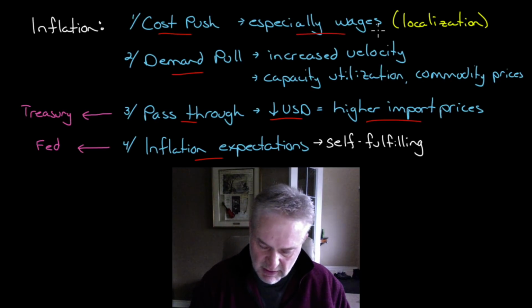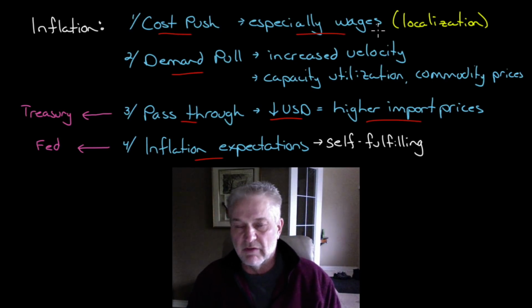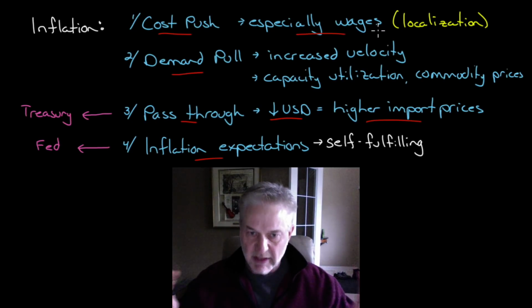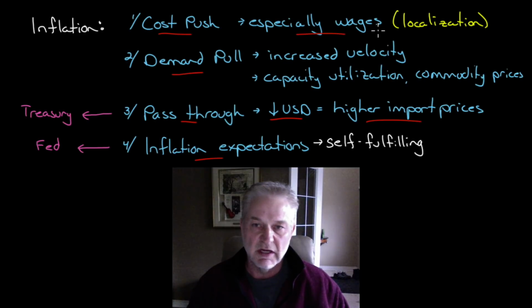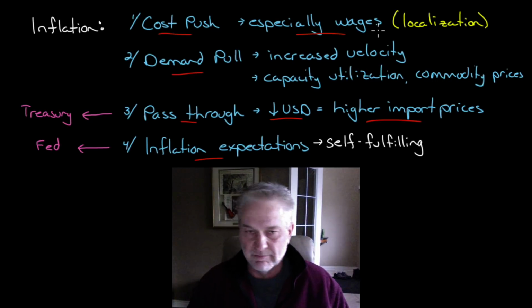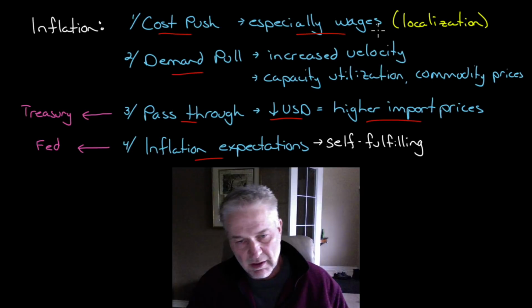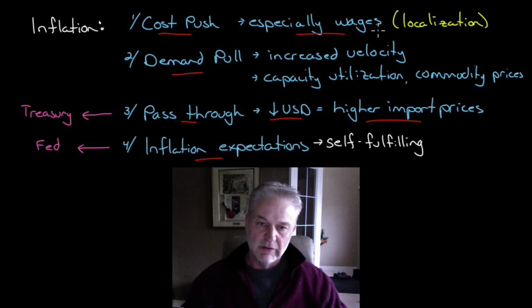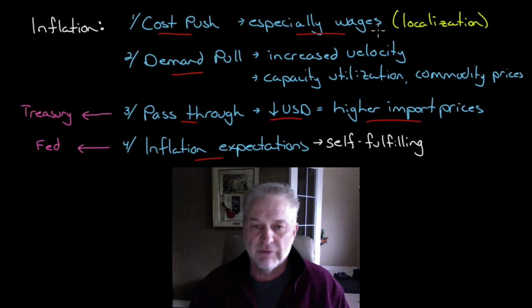Cost push, especially wages. Wages are the big component of cost push inflation. Not just a few commodities or key commodities going up, but wages, because that is the biggest input price across the entire economy, and wages are the biggest part of national income. So if you can get wages up, I don't know that you can do that at a country level without it being the purview of the states or the provinces, and unless they're all on board, it's not going to work out very well, because you'll get arbitrage, right?